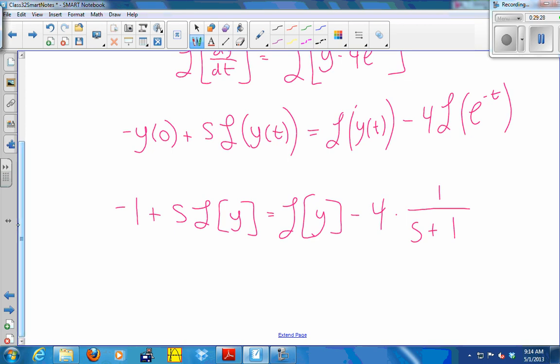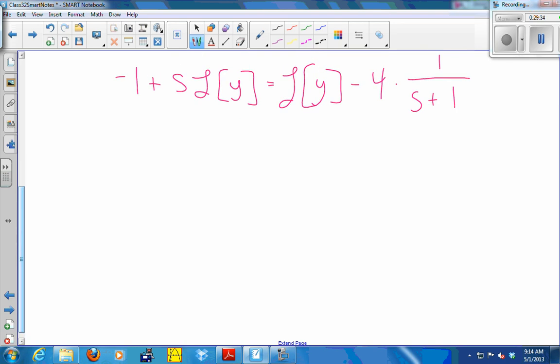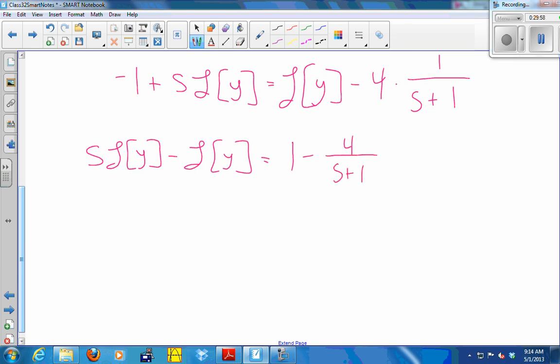All right, so now I'm going to gather all my Laplace of y's on one side, everything else on the other, just so I can solve for the Laplace of y. So I have s times the Laplace of y minus the Laplace of y equals 1 minus 4 over s plus 1. What do I do here? Factor out a Laplace of y.